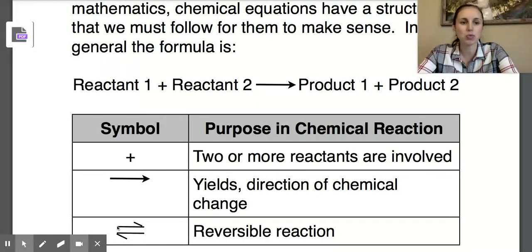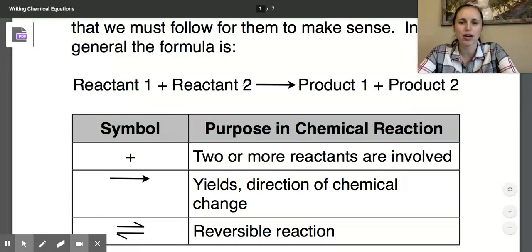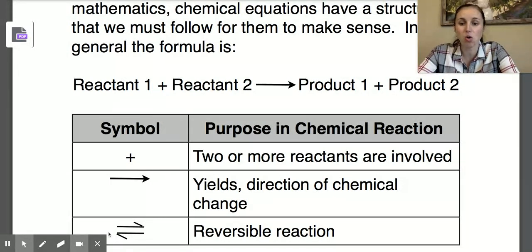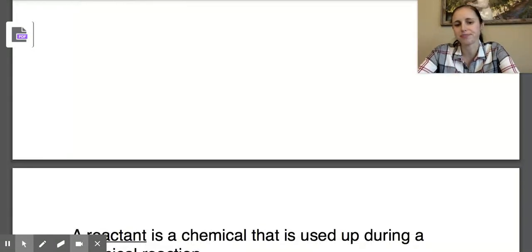If that happens, we have this reversible arrow. It just means the reaction can proceed in either direction. We're going to see a couple this unit just so you get used to them, but it actually has a whole unit in grade 12 chemistry to itself, called equilibrium, where we look at reversible reactions.